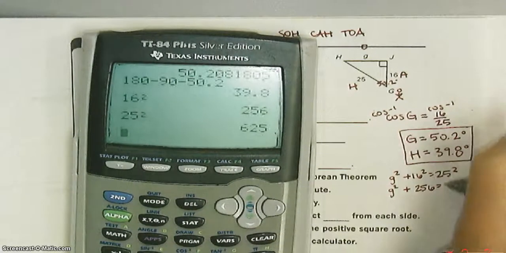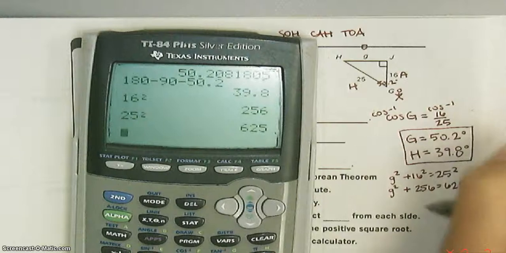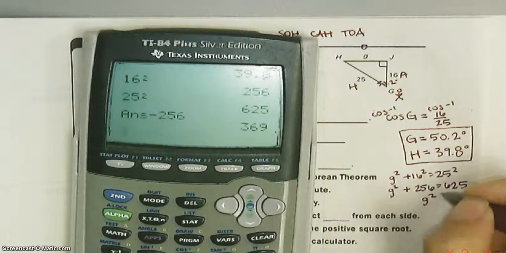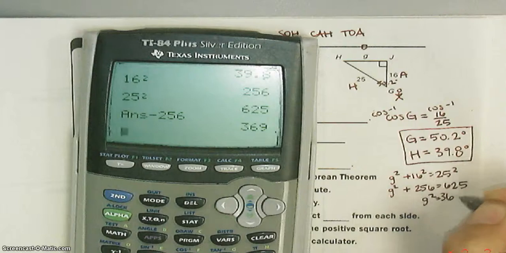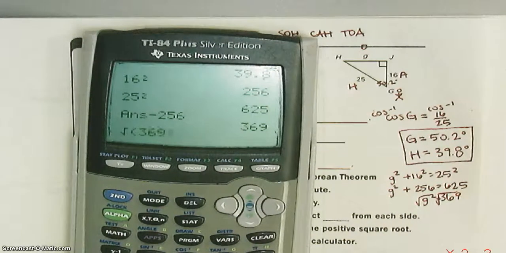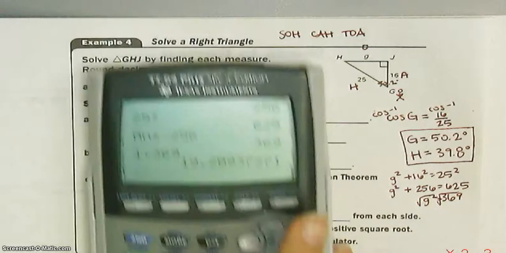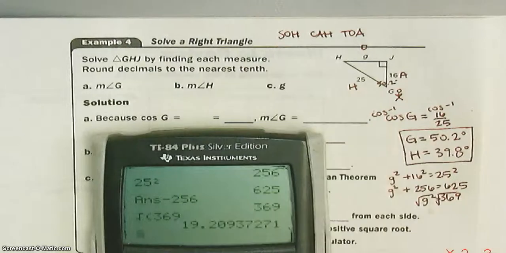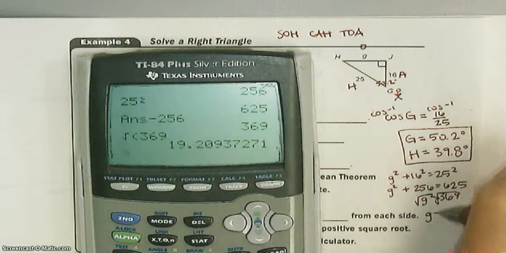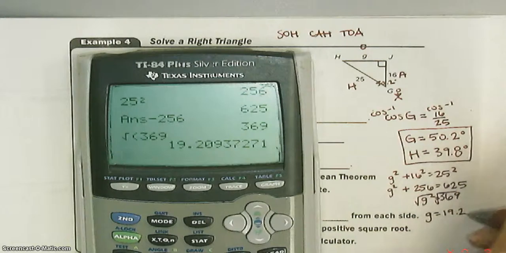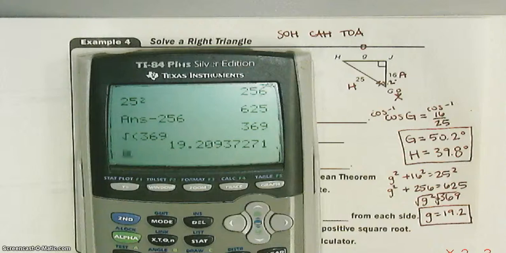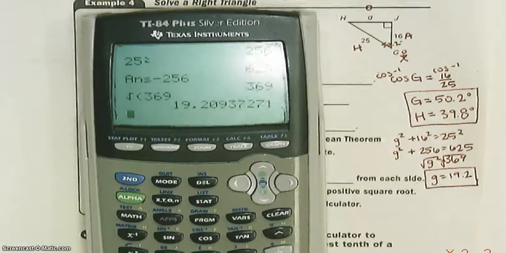Oh, 625. Take the square root. Oh, it ends up being a decimal. Can we use decimals? Yep, it's round to the nearest tenth, so we don't have to break that down. Little g is 19.2. So that's one way you could find little g.